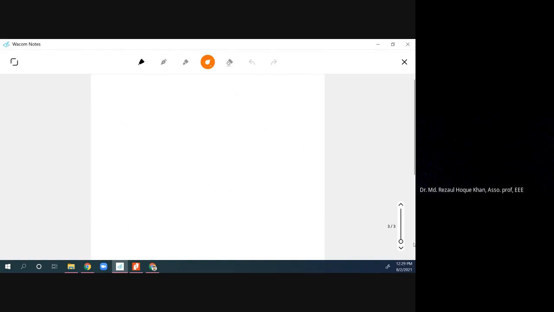For the receiver of M-PAM, we will be using the matched filter, because the matched filter is modulation independent. Whatever the modulation scheme, it doesn't matter. The matched filter can always maximize the SNR.